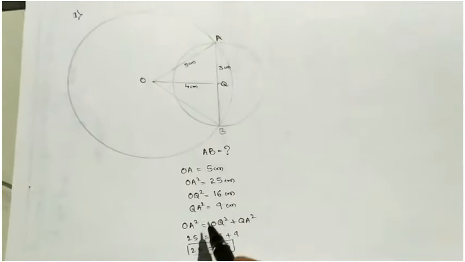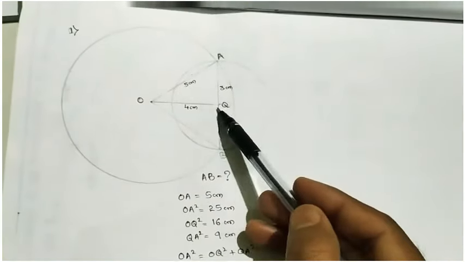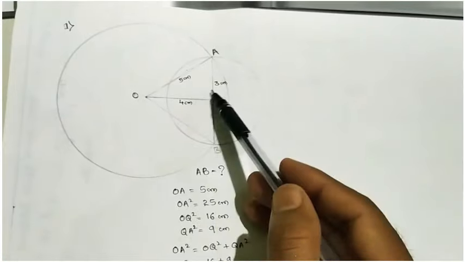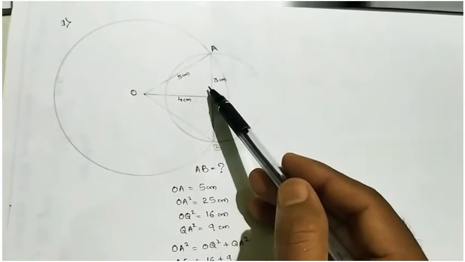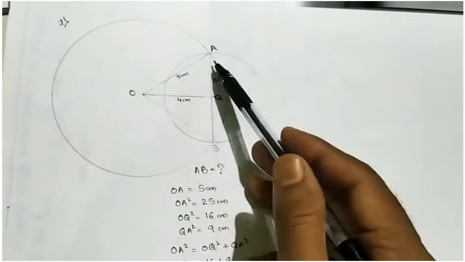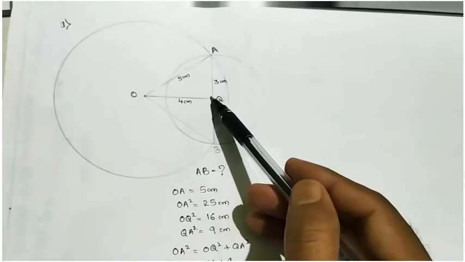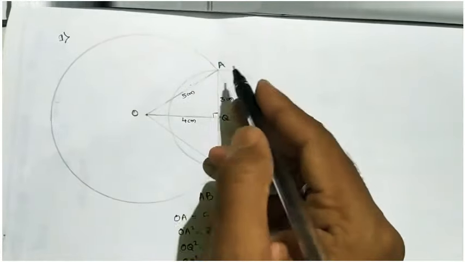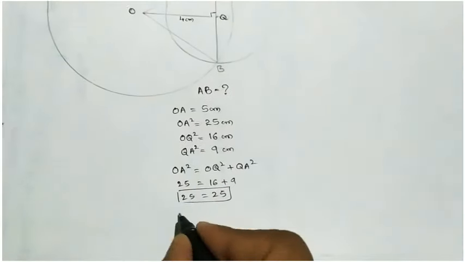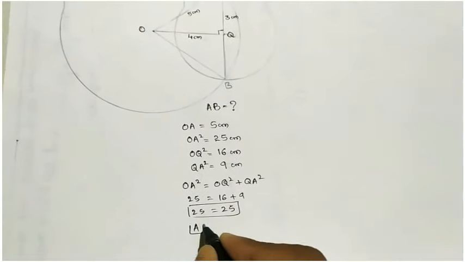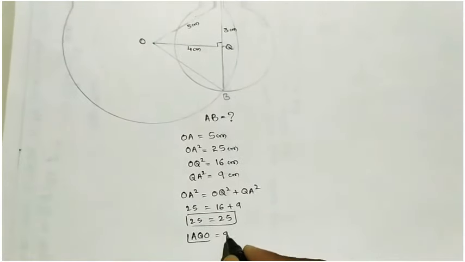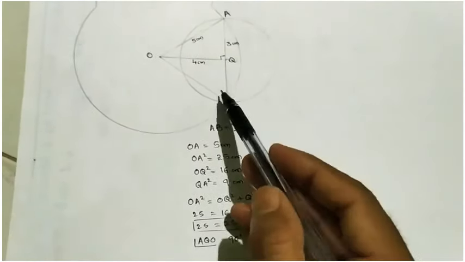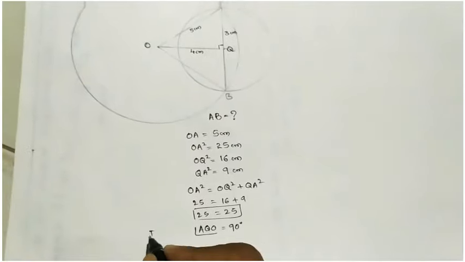It means AQ and OQ are the two sides of the right angle triangle and OA is the hypotenuse. So angle AQO is 90 degrees.